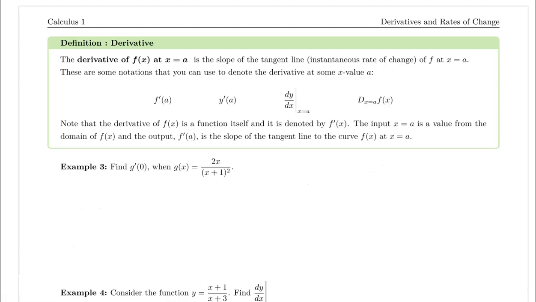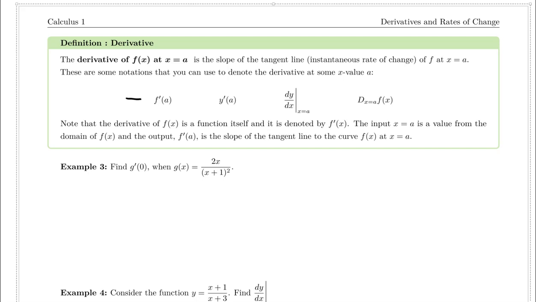Let's formally define what a derivative is. The derivative of f of x at x equals a is the slope of the tangent line, or the instantaneous rate of change of f at x equals a. These are some notations that you can use to denote the derivative at some x value a.